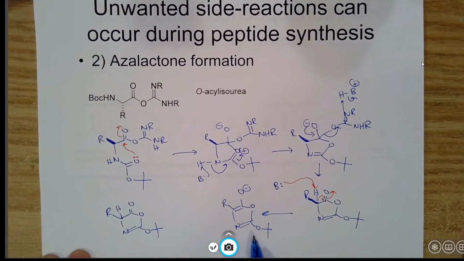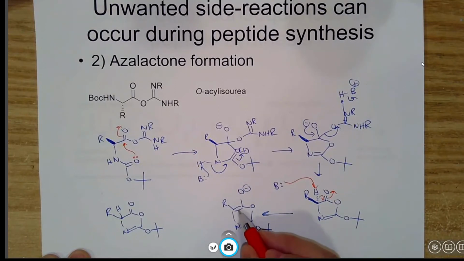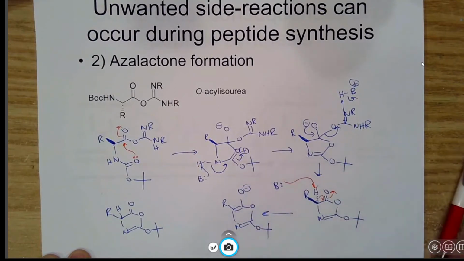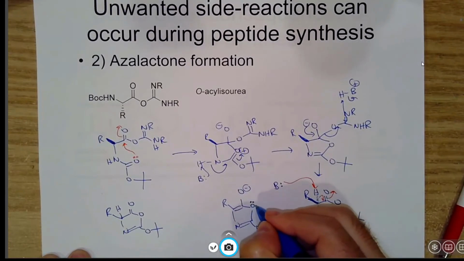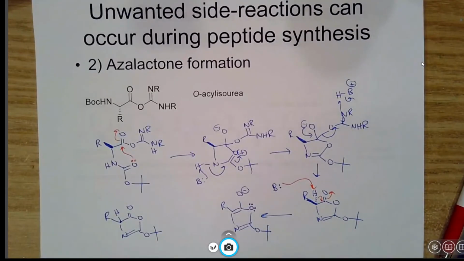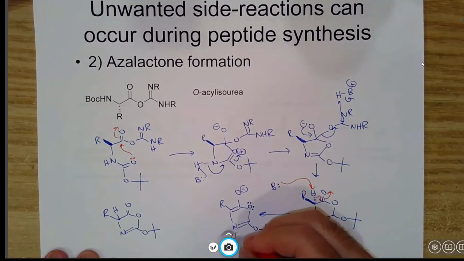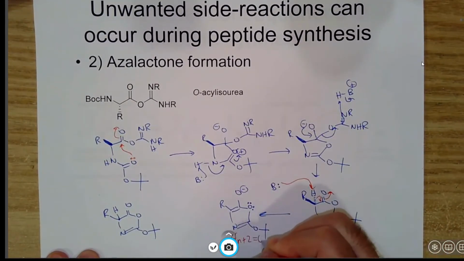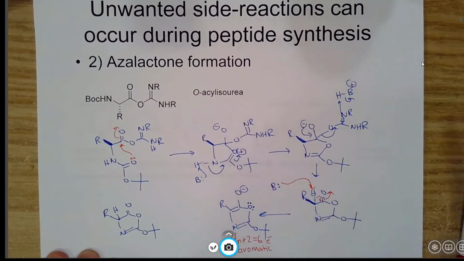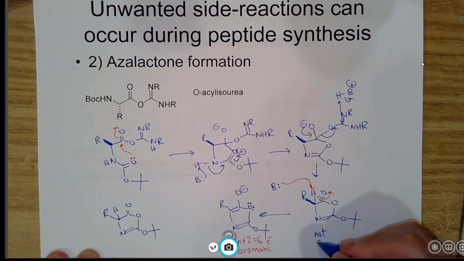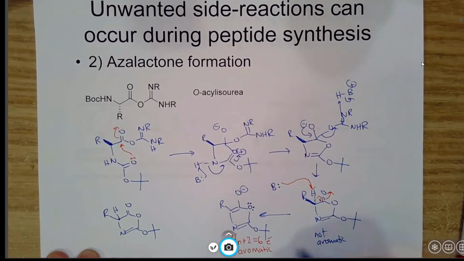What is special about this compound? This compound has 2 pi electrons, 1, 2, 3, 4, and it also has electrons on the oxygen. So it has what is known as 4n plus 2 electrons. In this case, n is equal to 1, 6 electrons. This is an aromatic species. So we've gone from something that is not aromatic to something that is now aromatic.